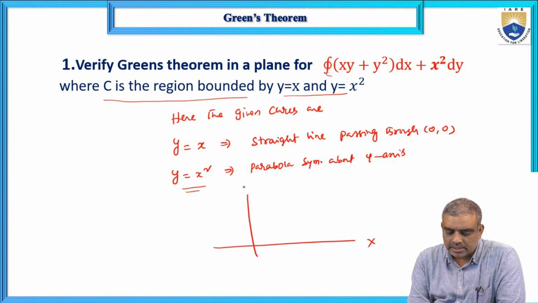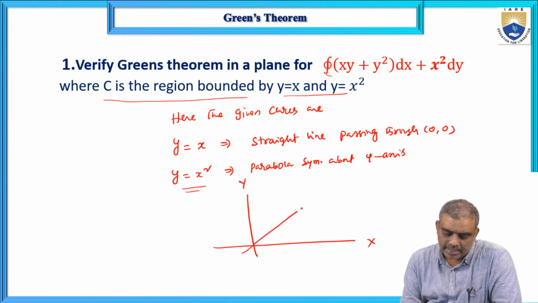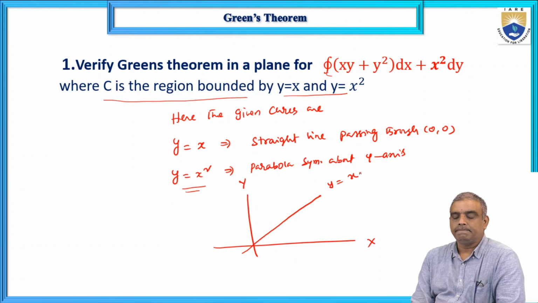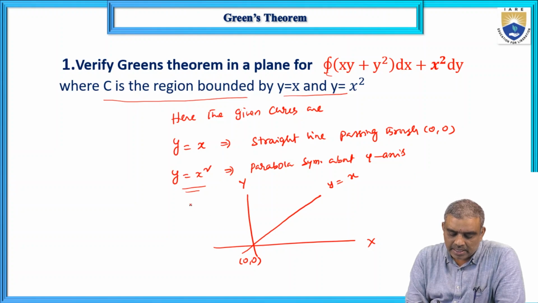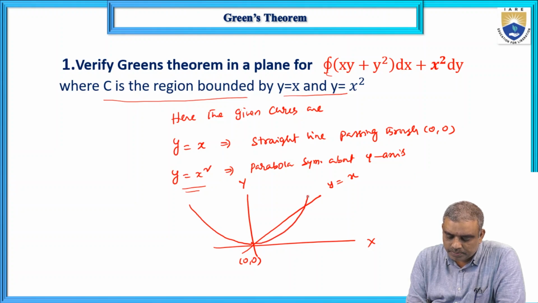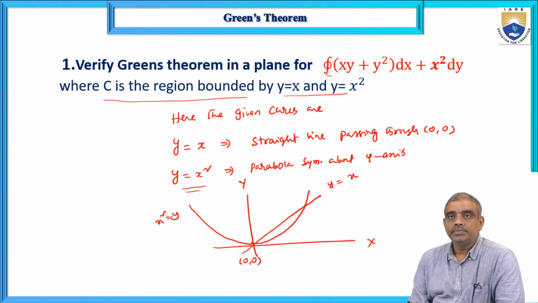This is the x-axis, this is the y-axis, and this line indicates y is equal to x, of the form y is equal to mx, passing through 0, 0. And the other curve is the parabola whose vertex is 0, 0, and it is x square is equal to y.